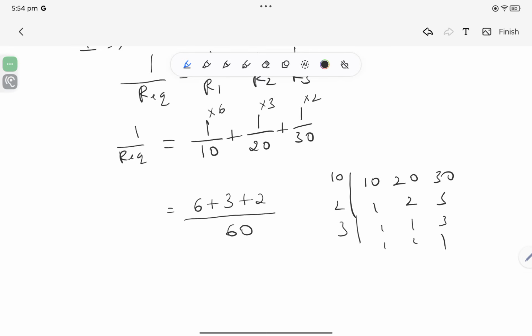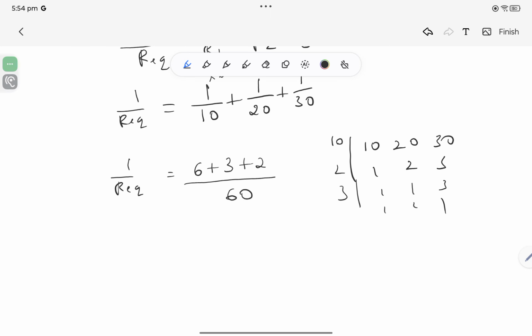So 1 by R equivalent is equal to 6 plus 3 plus 2 over 60, which is 11/60.